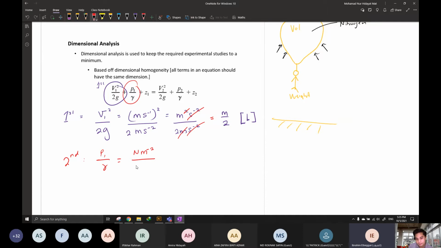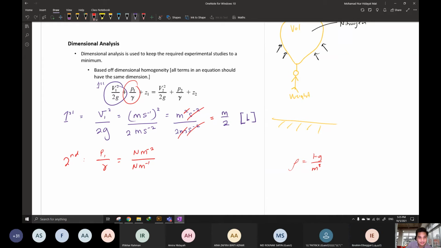Kg per meter cube is the density. Specific weight is actually Newton per meter cube.